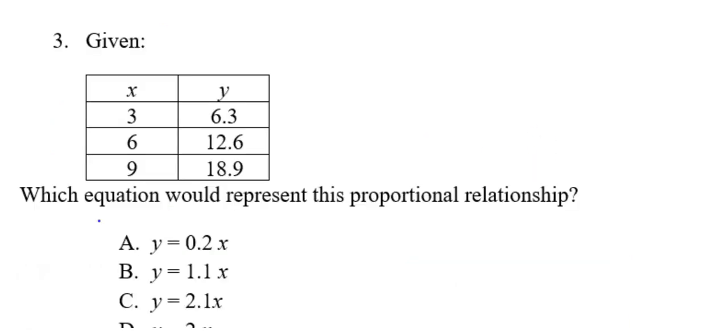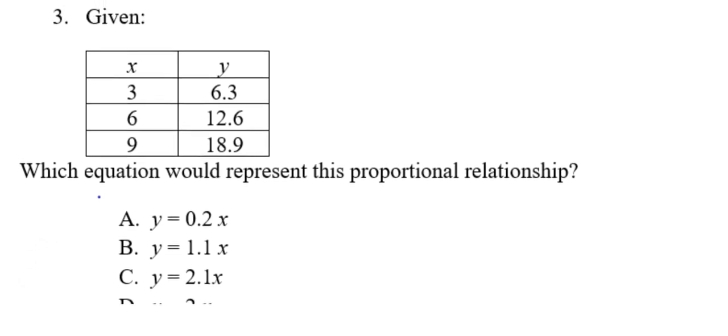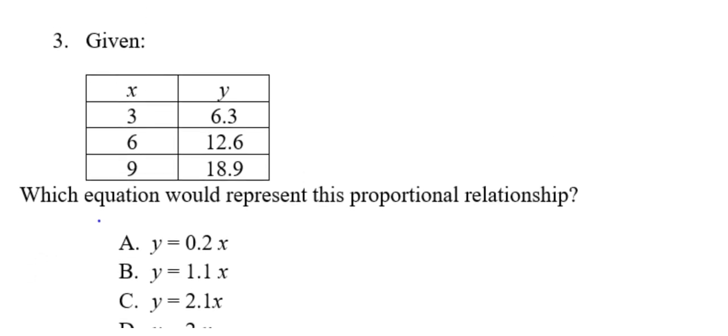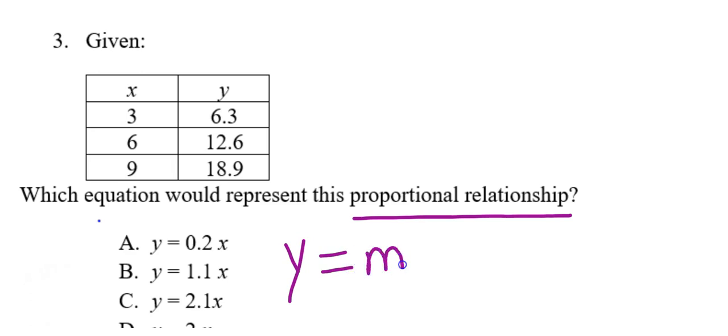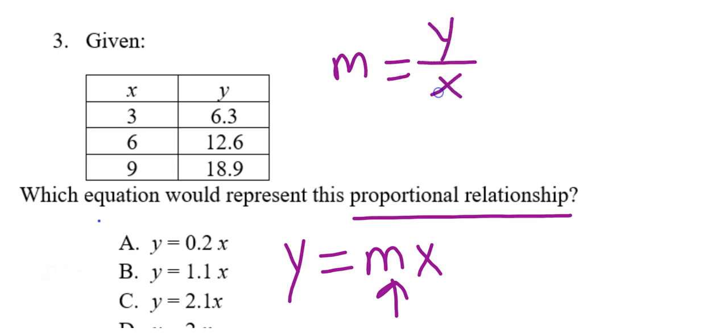Next problem, number 3. We're looking for the equation that would represent this proportional relationship. So we're going to do the same thing, but you notice that now we have equations, and our equation for a proportional relationship is y equals mx. So to figure out the m, remember to find m for a proportional relationship, we're going to divide y by x.